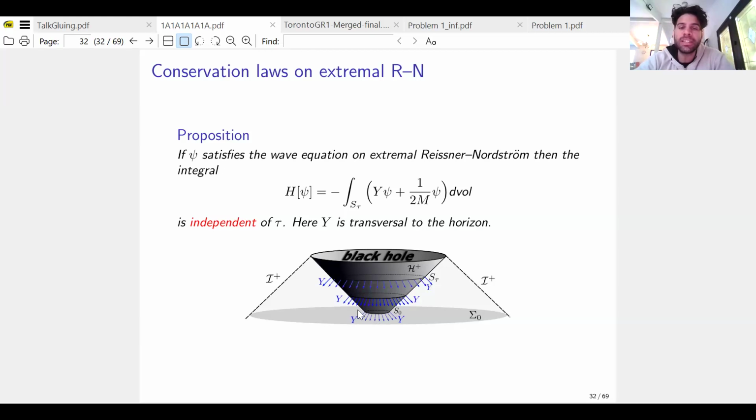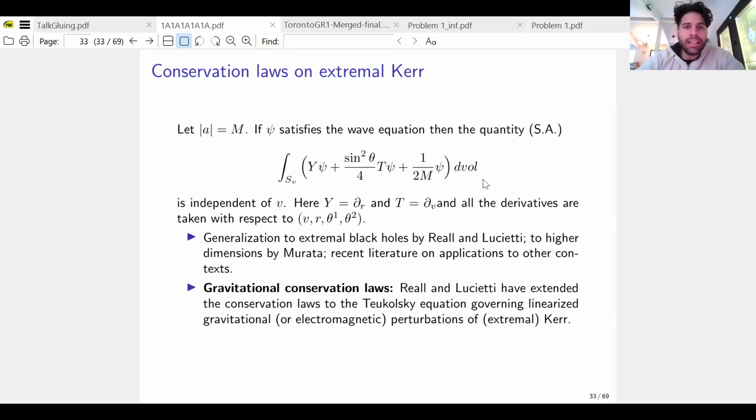It's constant. If it starts with the value 1, it will always be 1. So that means that even if your scalar field disperses away from your event horizon, on the horizon there will be a quantity which does not disperse. And such quantities, we call them hair, and that's why we call it horizon hair.